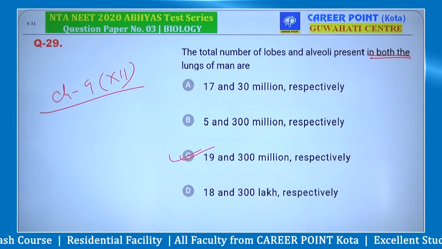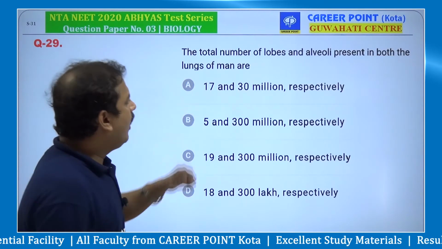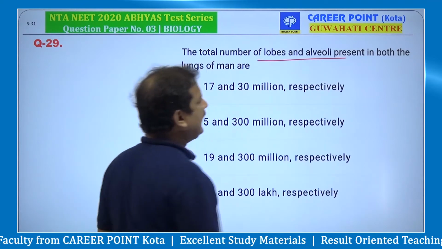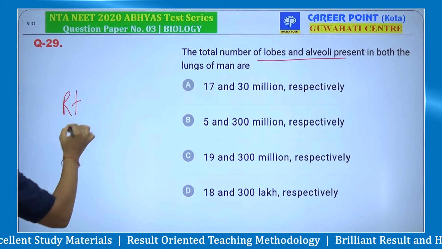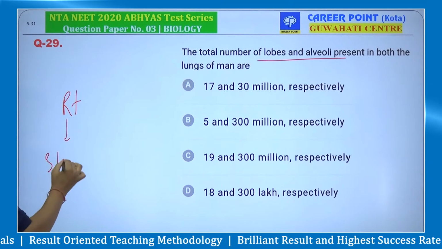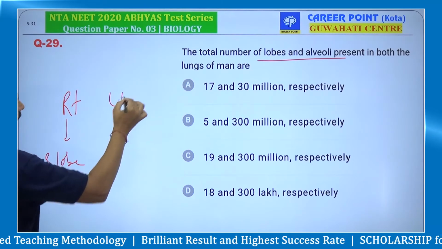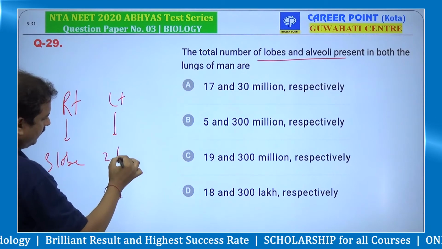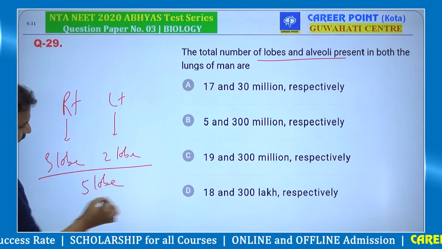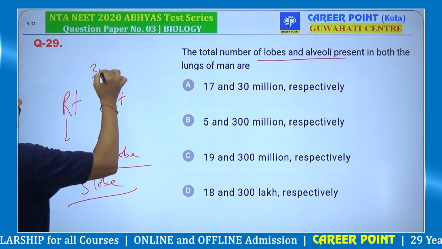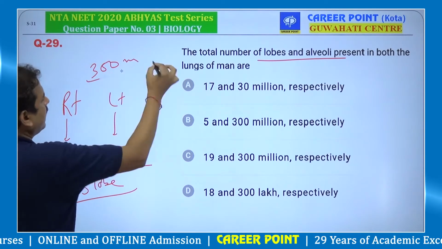Next. The total number of lobes and alveoli present in both the lungs. In the right lung, there are 3 lobes. In the left lung, there are 2 lobes. So together 5 lobes. And in the lungs, there are about 300 million alveoli.